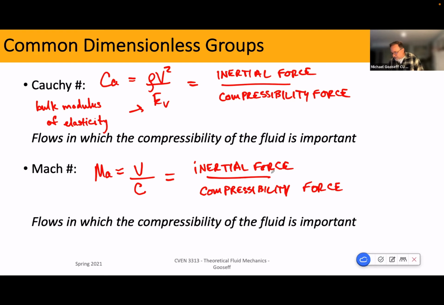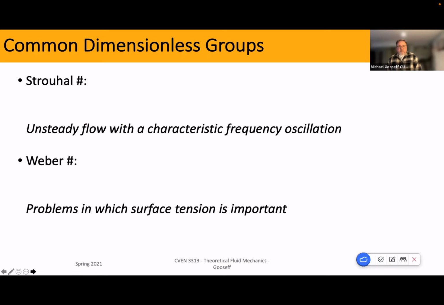So slightly different with this representation using the speed of sound in the denominator rather than the bulk modulus of elasticity. So flows in which the compressibility of a fluid is important. This is the same for both. But in general, the Mach number is something we use for jet airplanes and things like that, right? When you're going faster than the speed of sound or less than the speed of sound, we can put that in a Mach number and recognize what that's equivalent to.